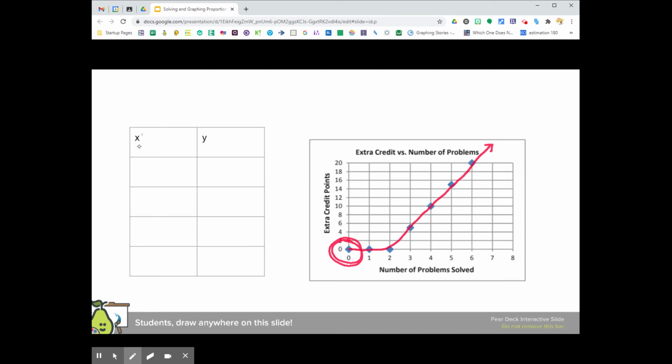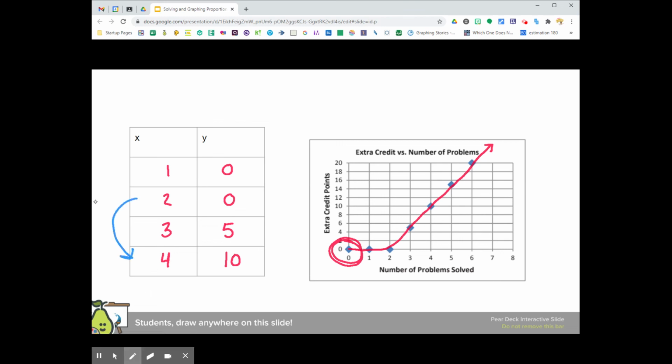But if you're unsure, let's go ahead and plug some values in for x and y to check. If we go over 1, we go up 0. If we go over 2, we go up 0. If we go over 3, we go up 5. And if we go over 4, we go up 10. So then you have 4, 10. You can tell pretty quickly, let's try to just go from 2 to 4.